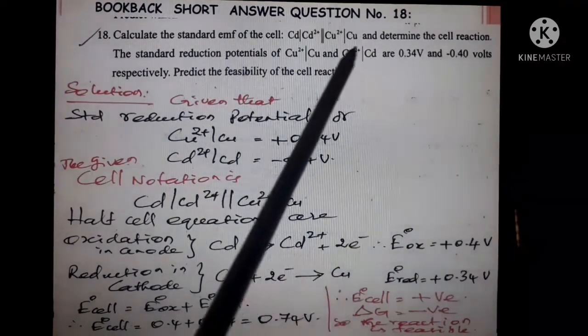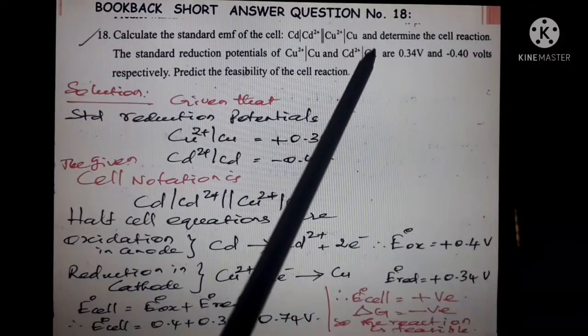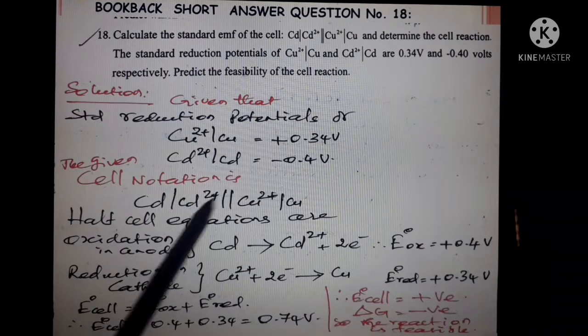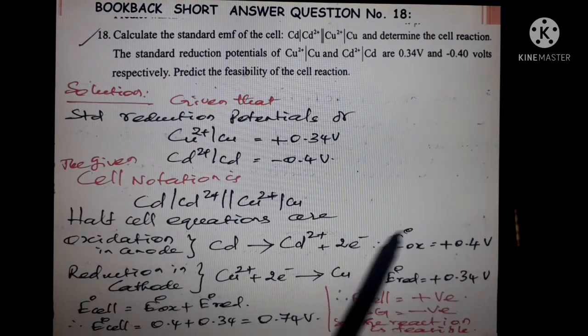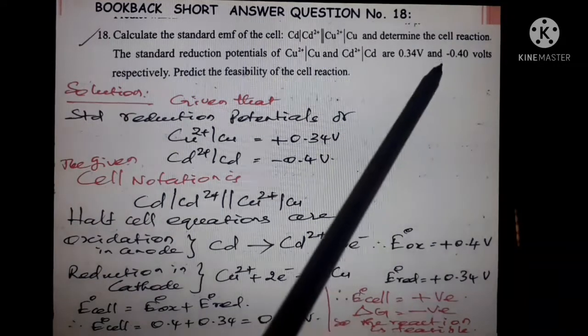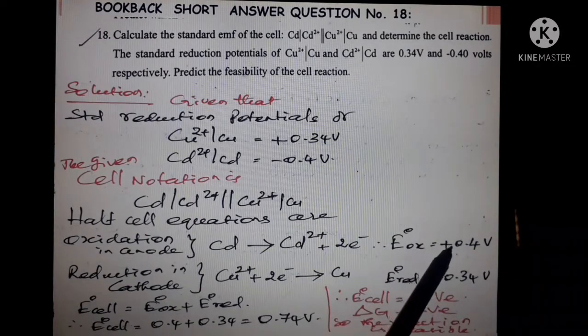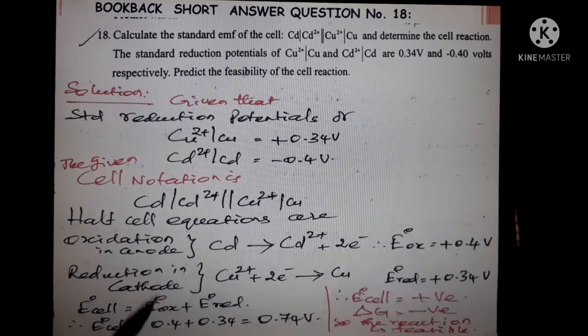The reduction potential for cadmium 2 plus to cadmium is minus 0.4 volt, but in this cell cadmium is oxidized, so instead of minus we write the plus sign for the oxidation potential. Okay, 0.4 volt.